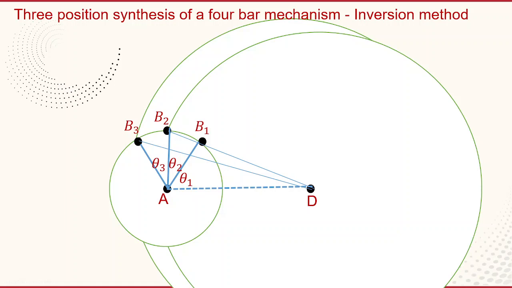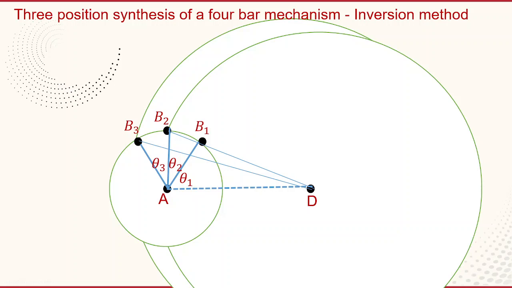Now we take a reference: the crank is moving from AB1 to AB2 through an angle theta 2. From the line DB2, in the clockwise direction, draw a line through the angle theta 2.